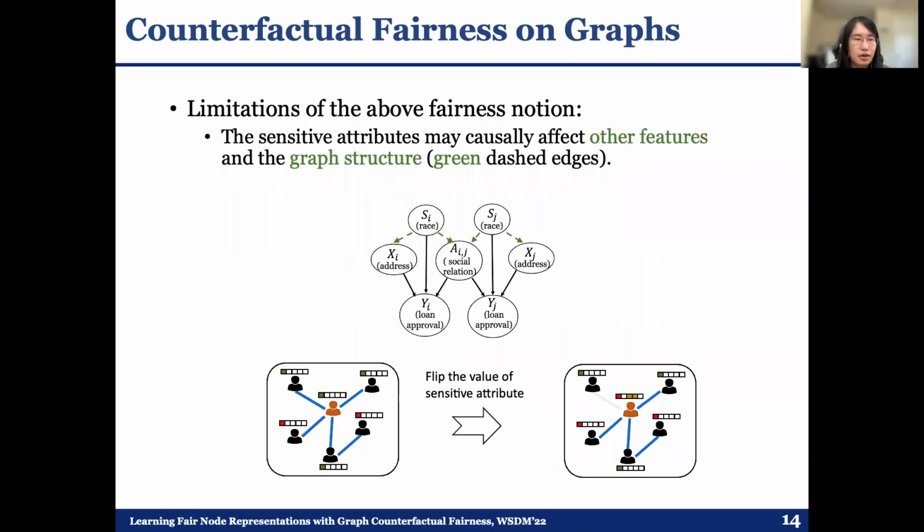And another limitation of that way is that the sensitive attribute may also causally affect other features and the graph structure. Here we highlight these causal relations in green. After we flip the value of the sensitive attribute, the graph structure and all the features of this perturbed individual would also probably be changed.